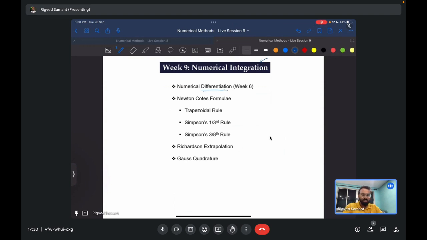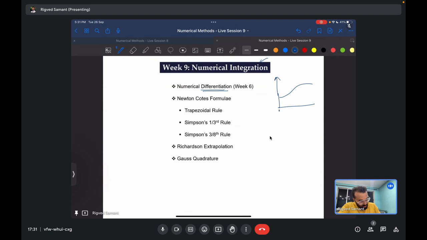Integration in general is like differentiation, which is the slope of a curve. Integration is nothing but the area under the curve.